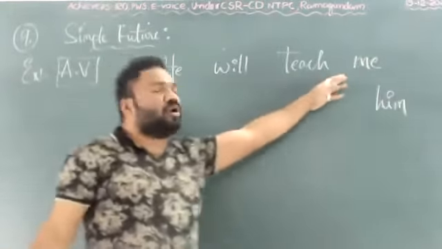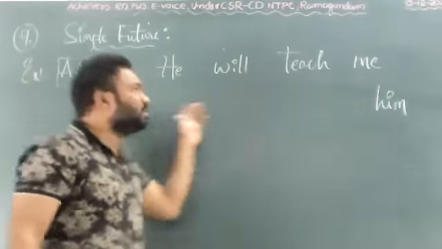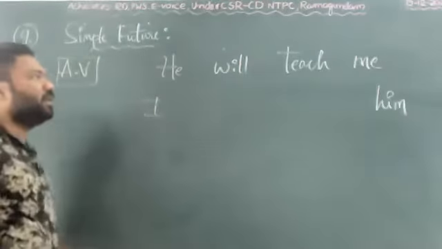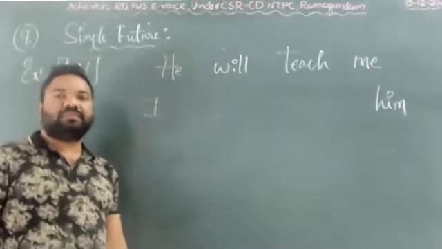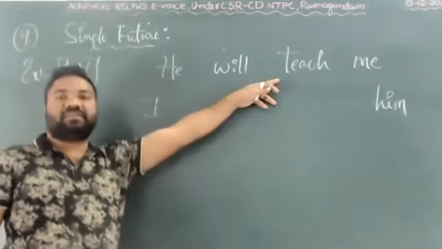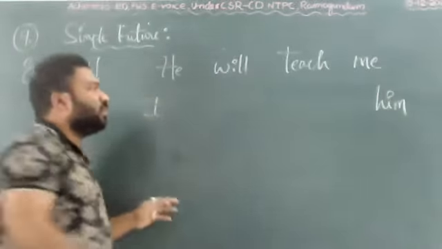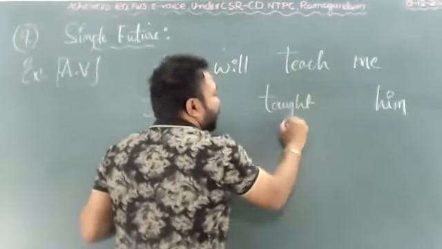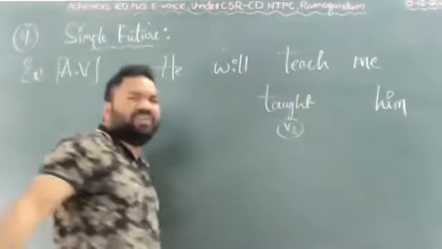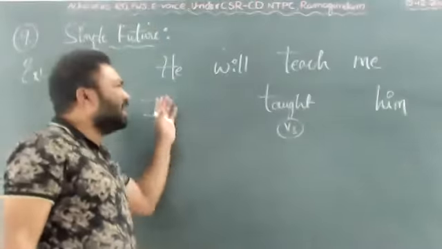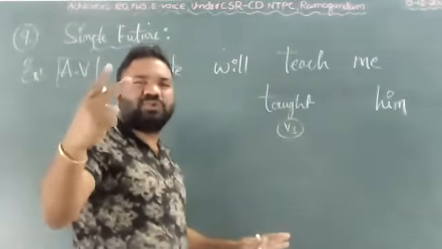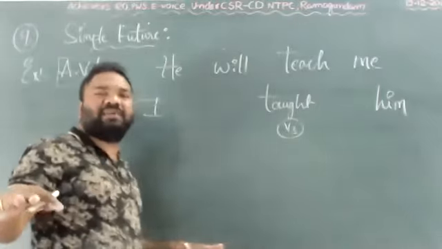Okay, and the object me, when it comes to the subject place, becomes I. Okay, teach is there, so obviously we have to write V3. Without V3 we cannot do passive voice. And subject to object, object to subject, this is quite common. These two rules are permanently the same.